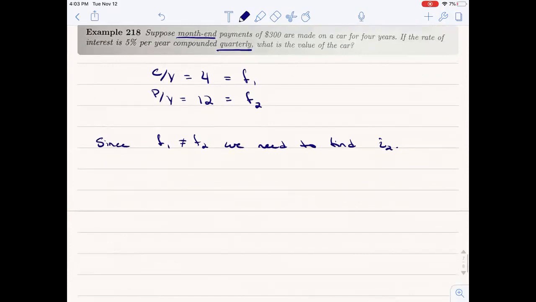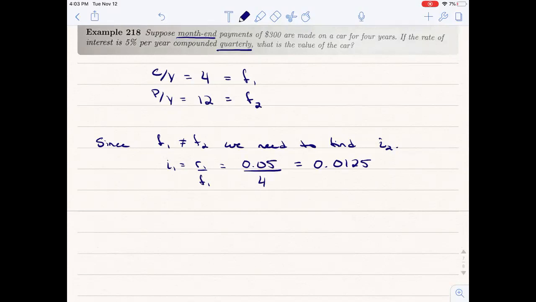So first thing we're going to do is we're going to find I1. I1 is R1 over F1. I1 is just how you would have found I in compound interest problems. So 5%, so 0.05 divided by quarterly, which is 4. So 0.05 divided by 4, I have 0.0125.